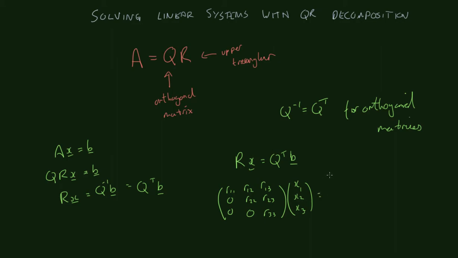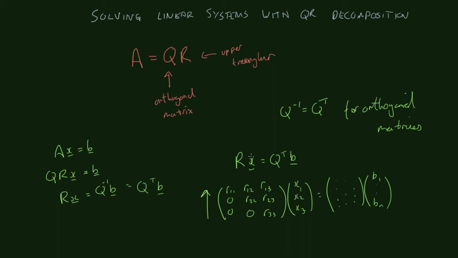Now Q transpose will have 3 rows, Q1, Q2, Q3, and that's multiplied by all the b's, b1 all the way down to however many b's we have. So this is an upper triangular matrix, so we can solve this using back substitution.